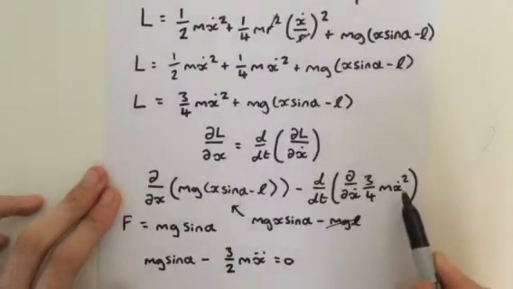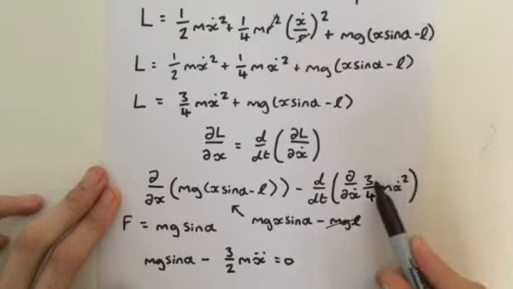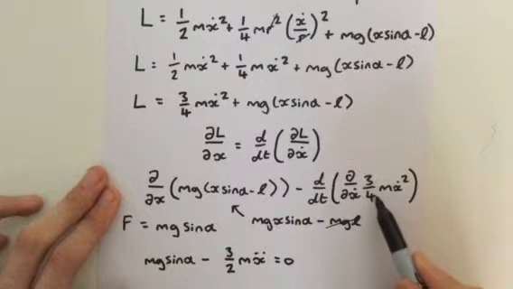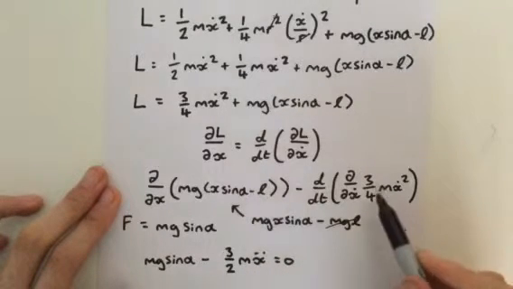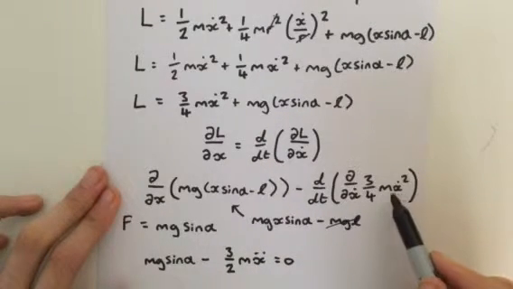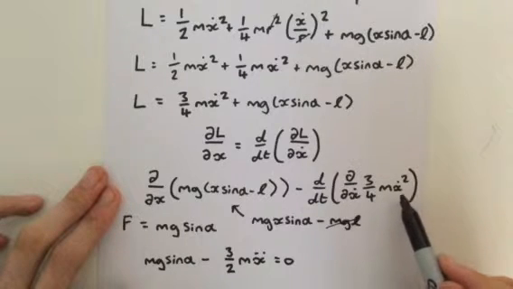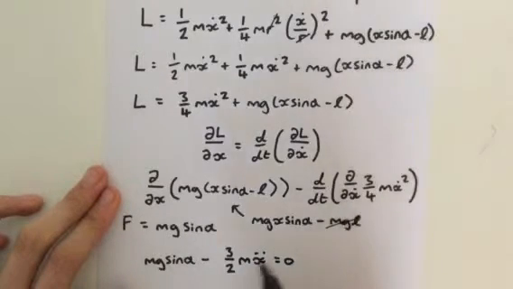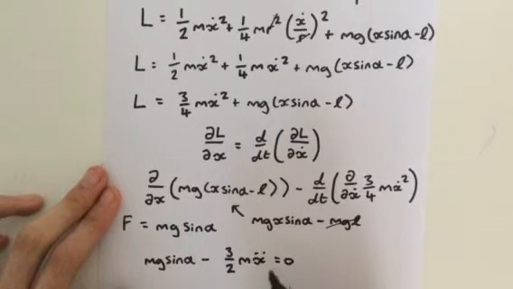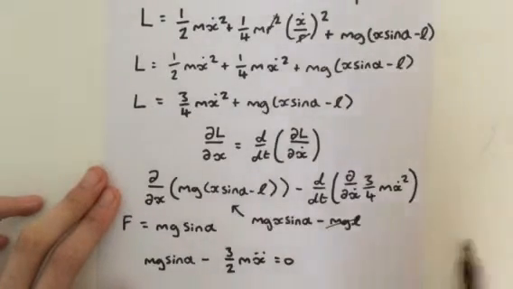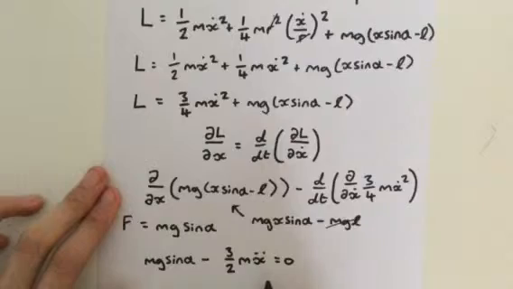So let's go over that. Use the power rule, bring that 2 over, we get 6 divided by 4, which is the same as 3/2. So we have 3/2 mx dot. Then we differentiate 3/2 mx dot with respect to time. We're going to get 3/2 mx double dot. Differentiate our velocity, get acceleration. X double dot is our acceleration. So there's the equation of motion.